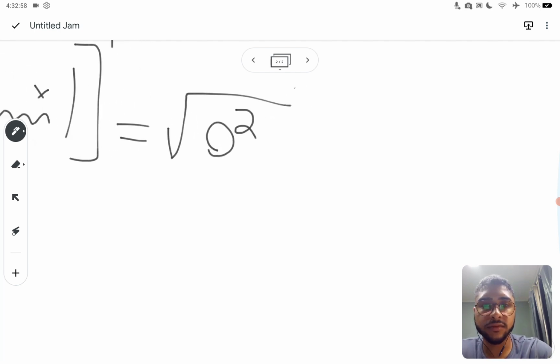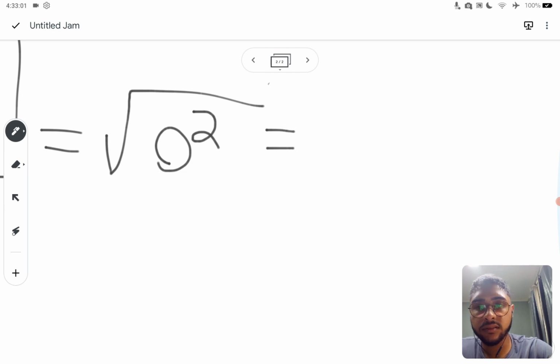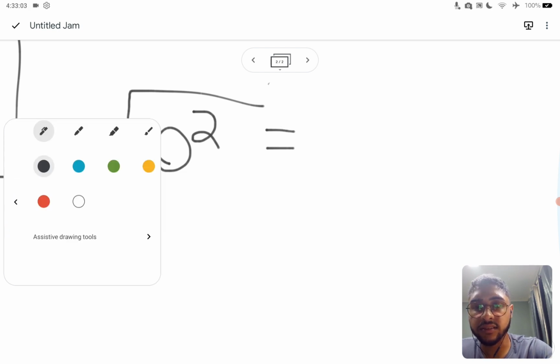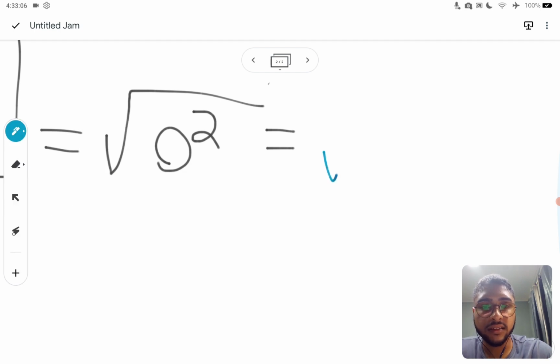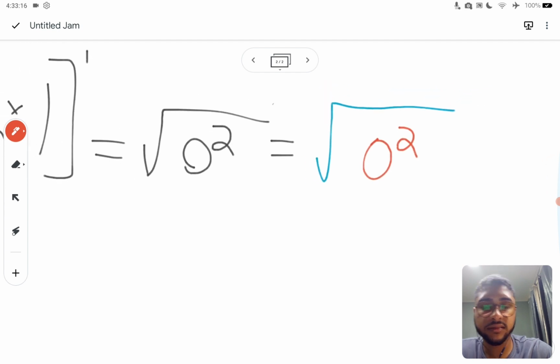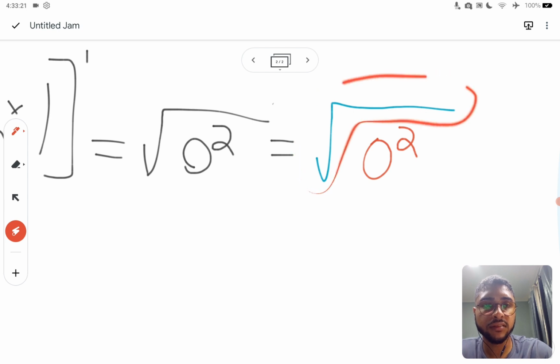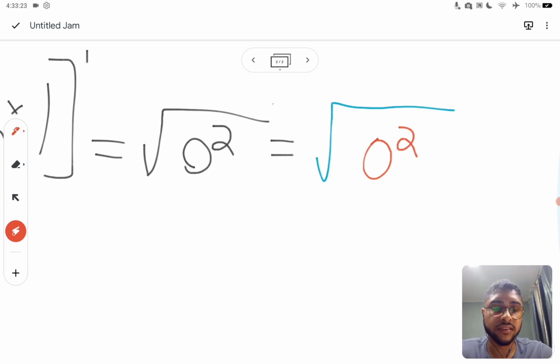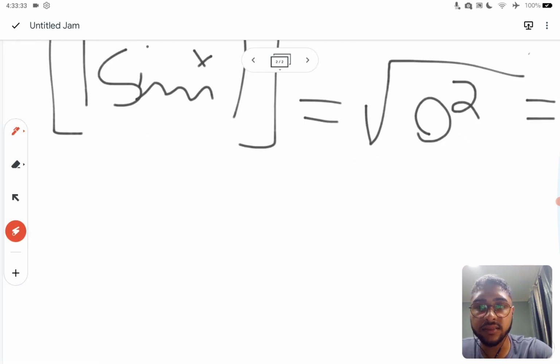To make this more consistent, I can change the colors of the functions. In blue, this is my outer function, because we are going to use the chain rule to solve this, and in red, this is our inner function. Let's apply the chain rule to solve this derivative.